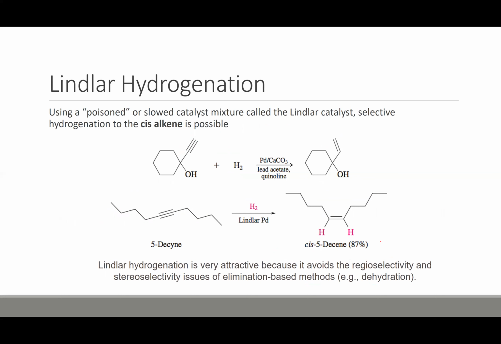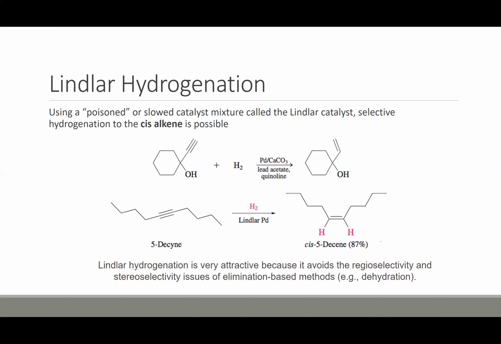It specifically will make a cis-type alkene, if the cis is possible. You might not have any stereochemistry on the resulting double bond based on the position of that starting triple bond. But if you do have the availability of stereochemistry, this will make a cis alkene. And remember, that's because the hydrogens add in a syn manner. They add on the same side, and so you'll make a cis bond.